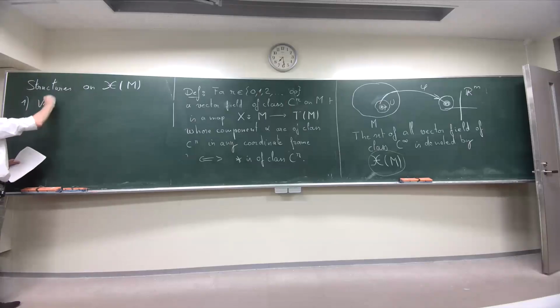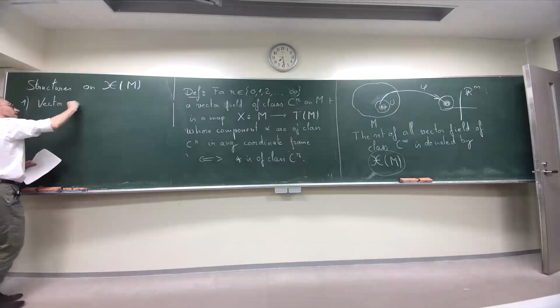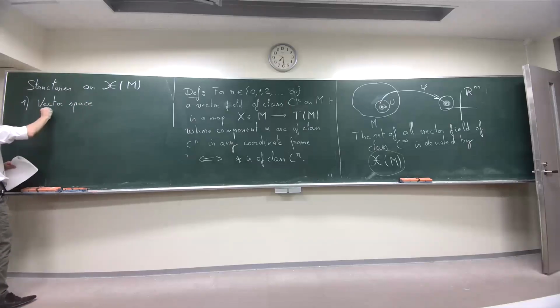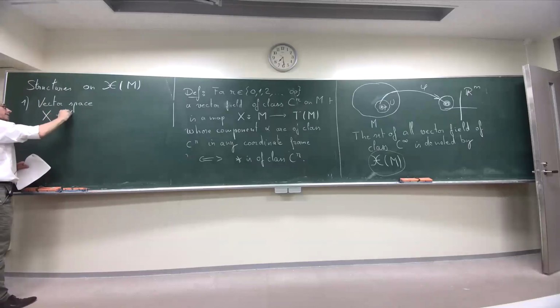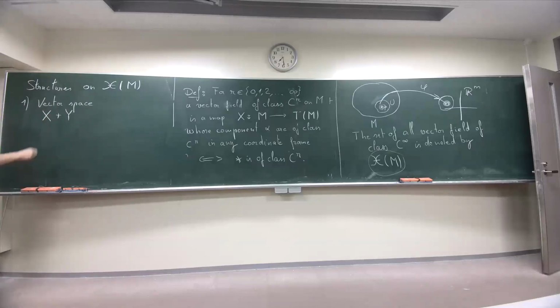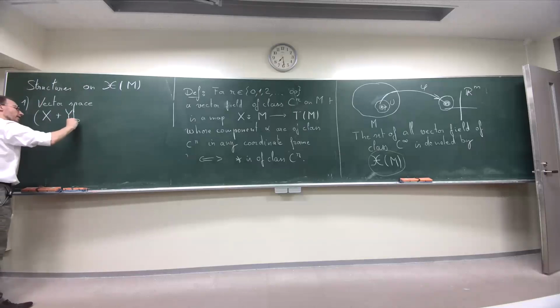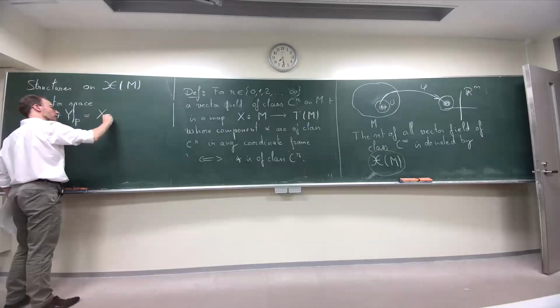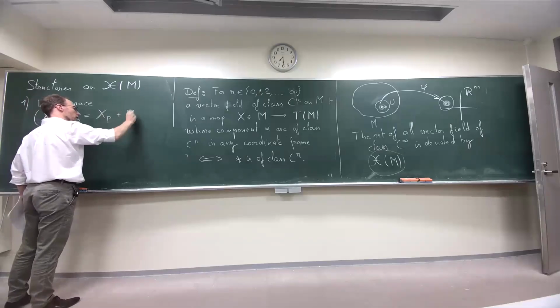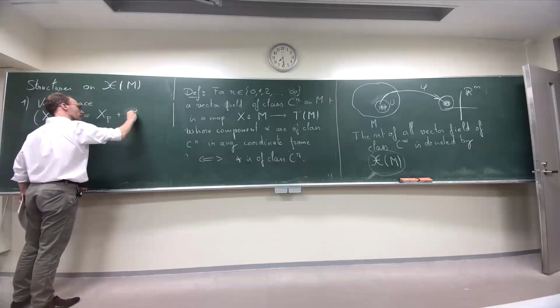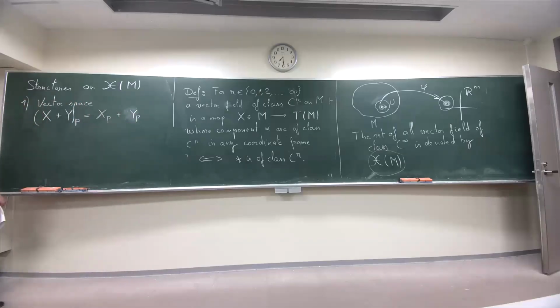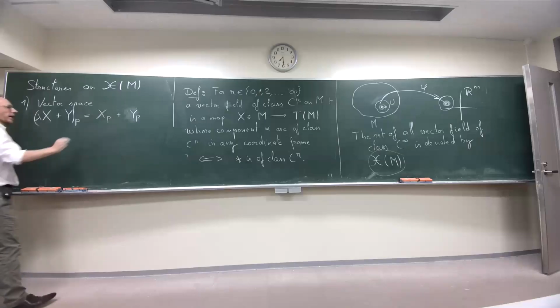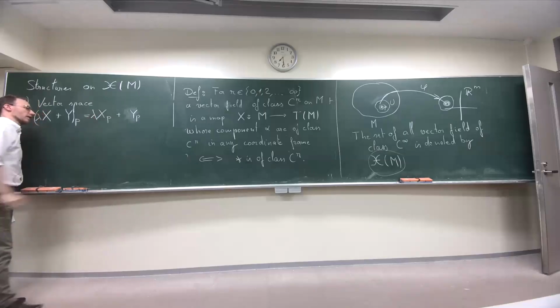First, it's a vector space. What does it mean that it's a vector space? It means if you have two elements of this type, when you evaluate them at one point, this is nothing but this plus this one. This is quite simple. And in fact, you can even multiply by a lambda.